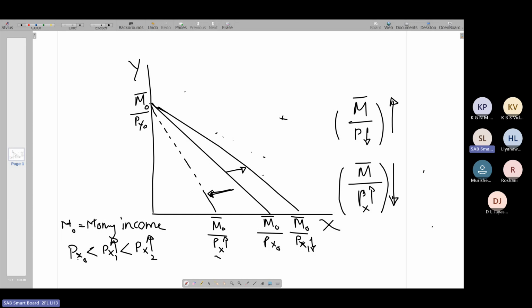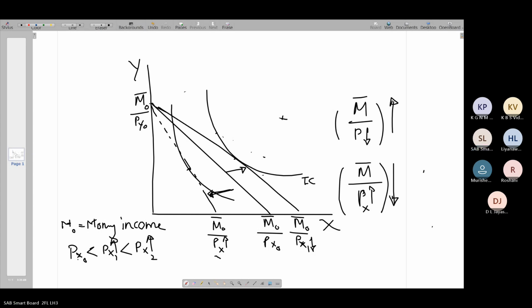So there can be different income levels, with the indifference curve at this particular level. So people can move to different equilibria depending on that. That is the price change.